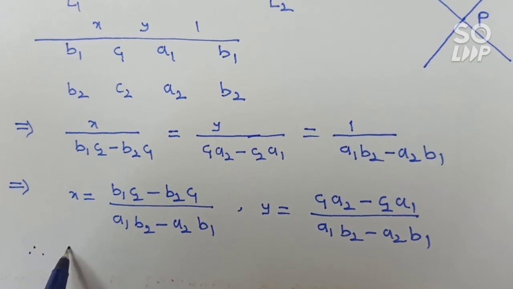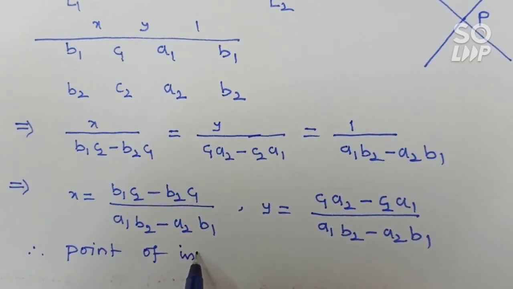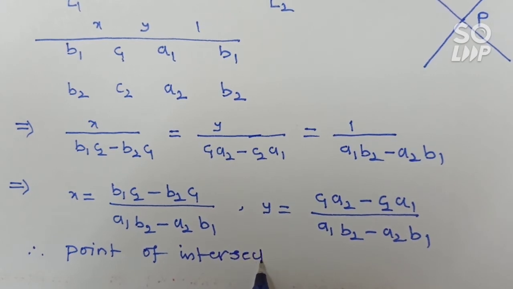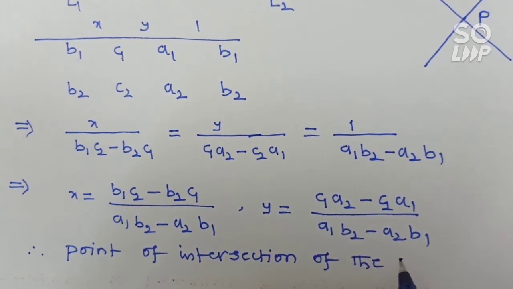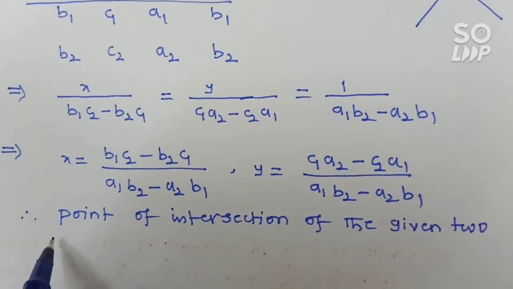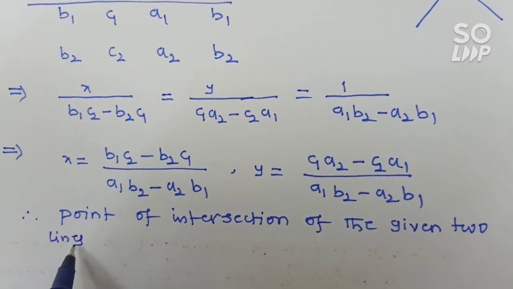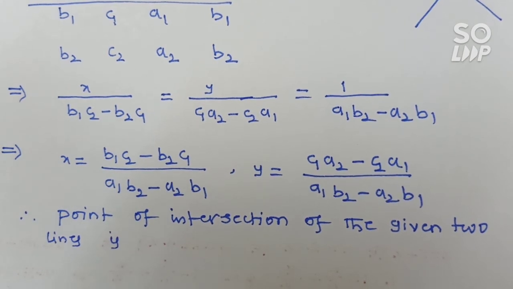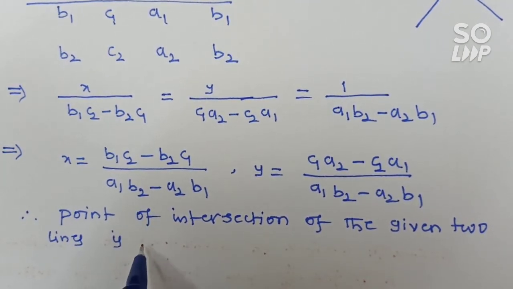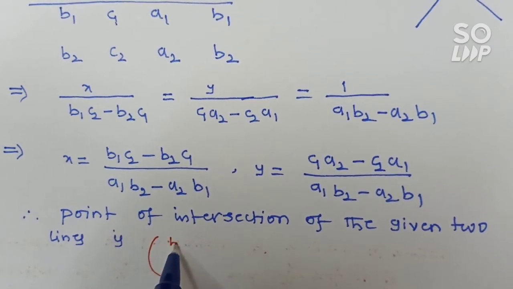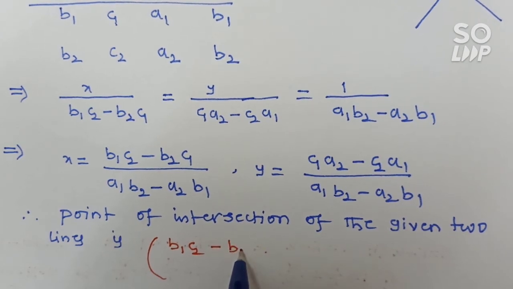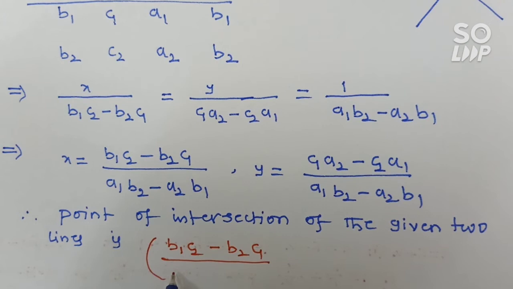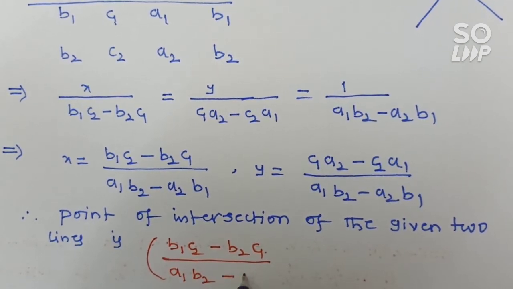So therefore the point of intersection of the given two lines is a point. The x coordinate is (b1 into c2 minus b2 into c1) whole divided by (a1 b2 minus a2 b1).